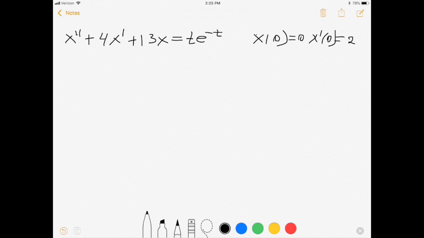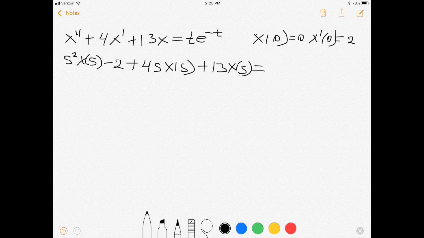Use Laplace transformation for this equation. We have s squared X(s) minus 2, because the value of the derivative at 0 is 2, plus 4s X(s) plus 13 X(s). The right part of our equation: our function is t multiplied by the exponential function e to the minus t.